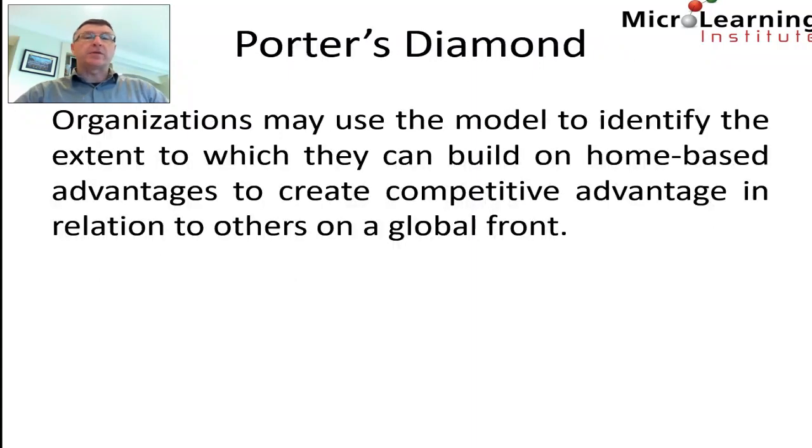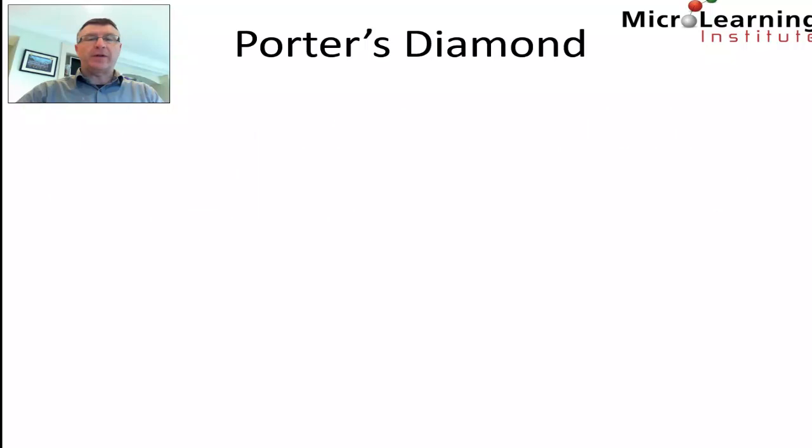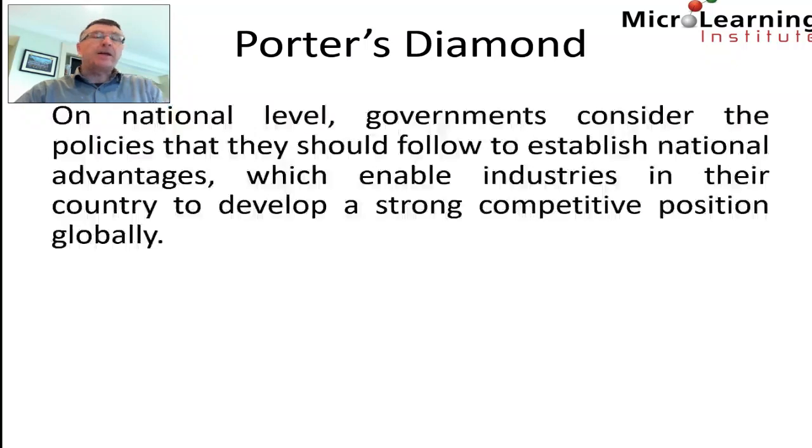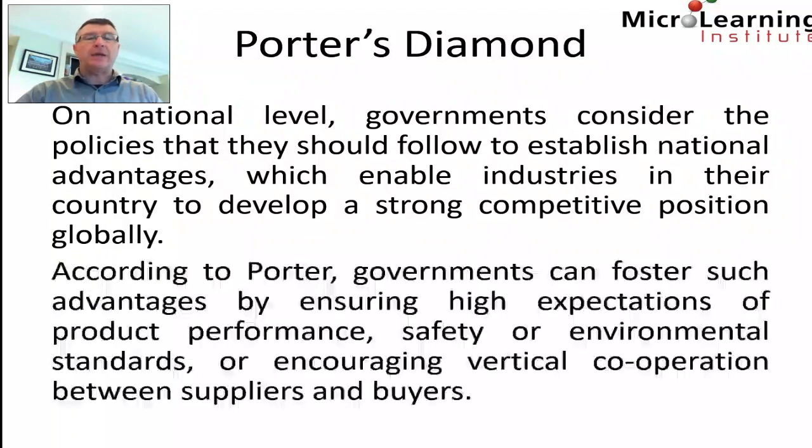Organizations may use Porter's Diamond to identify the extent to which they can build on home-based advantages to create competitive advantages in relation to others on a global front. On a national level, governments consider the policies that they should follow to establish national sources of competitive advantage, which will subsequently enable industries in their country to develop a strong competitive position internationally.